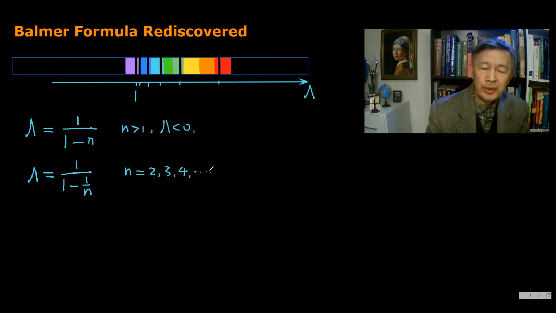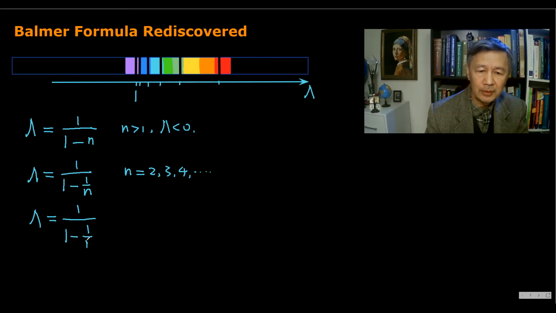In addition, we can also introduce other trial formulas. For example, we can use n squared instead of n. And in addition, we can consider another possible form as 1 divided by 1 minus a constant A over n squared.